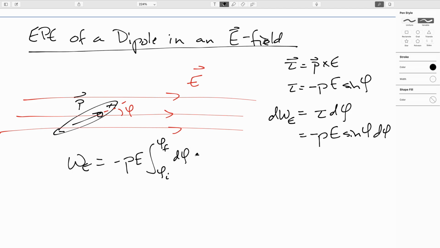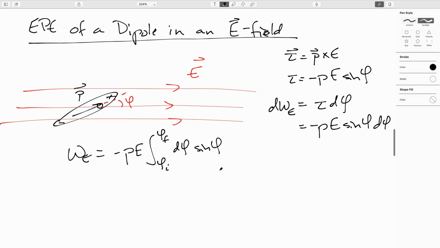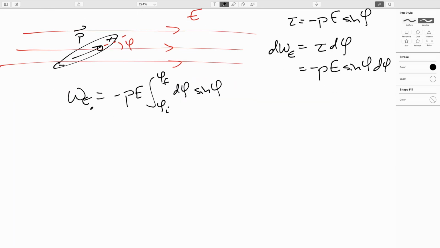d phi sine phi. Now, before we do this, we also remember that the change in the electric potential energy will be the negative of the work done by it.